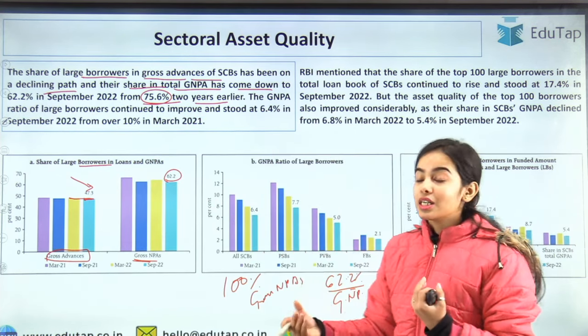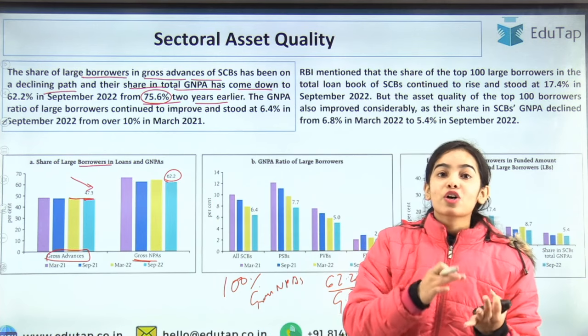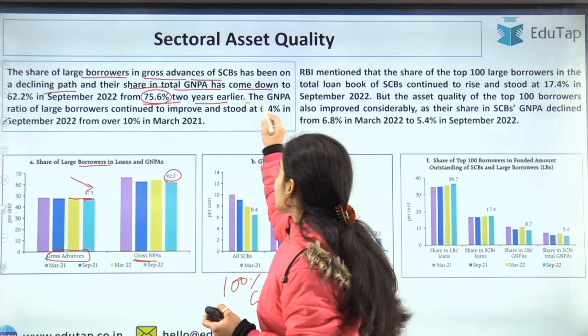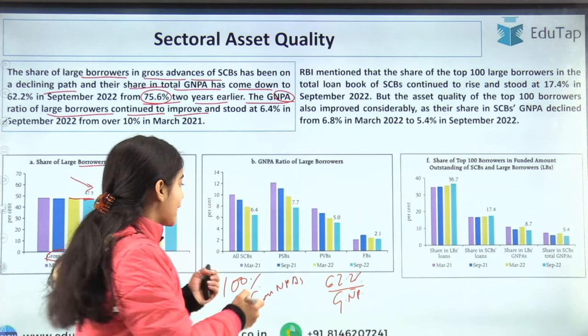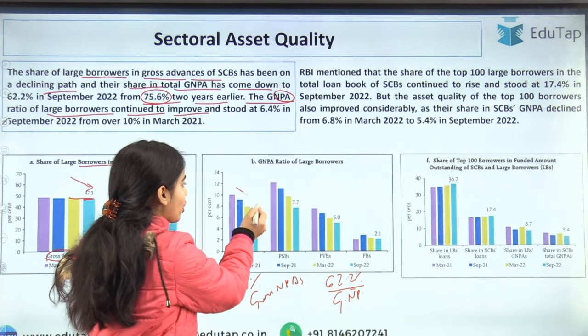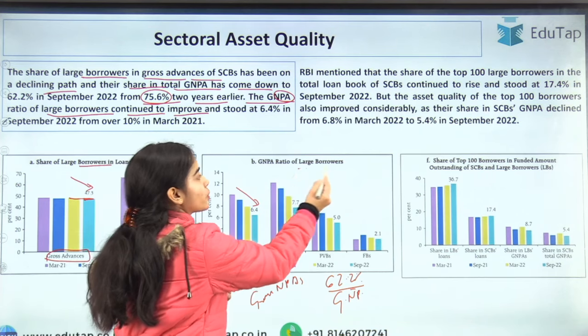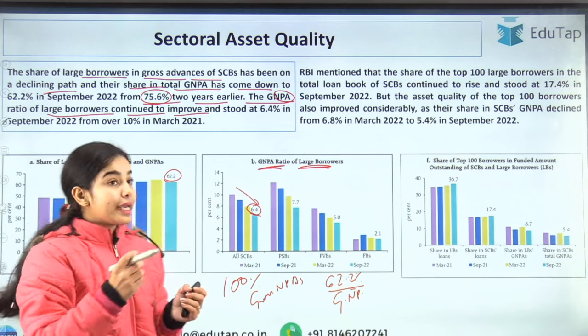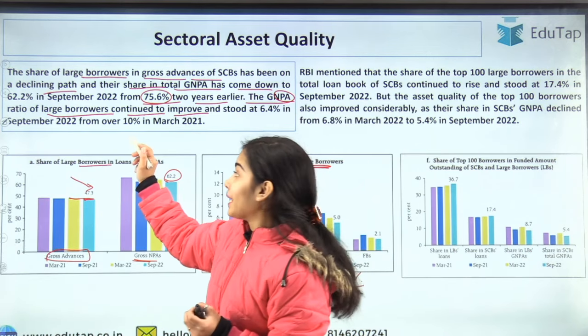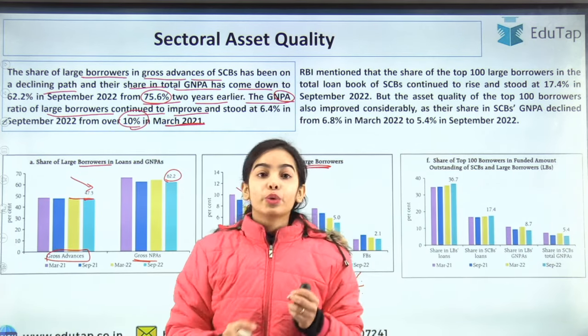We can say that the large borrowers are now contributing less to NPAs. The GNPA ratio of large borrowers continued to improve. For all scheduled commercial banks, the large borrowers' GNPA ratio has come down to 6.4% in September 2022 from over 10% in March 2021.